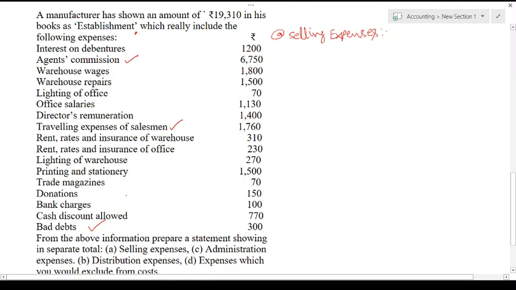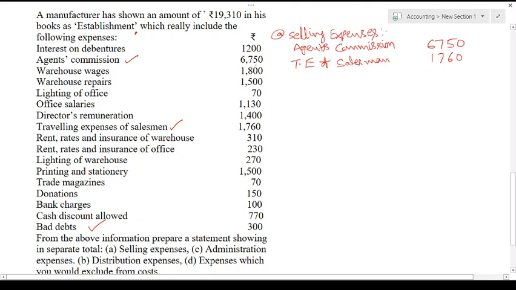Now we will start with the agent's commission, that is 6750 rupees. Next is traveling expenses of salesman, 1760 rupees.